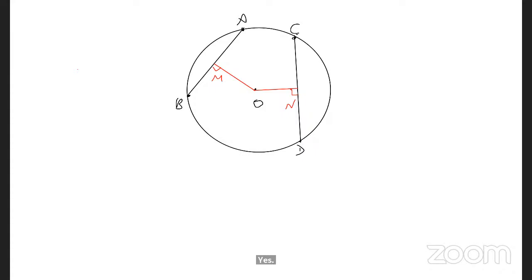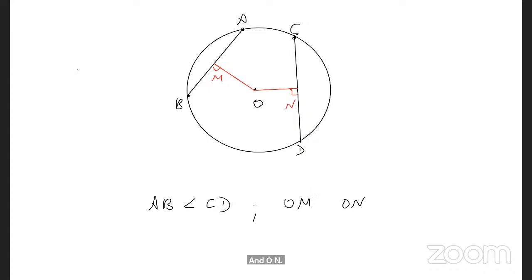Have you noticed that if I have AB and CD, which one is greater in your measurement? CD. CD is greater. And if you are measuring the perpendiculars OM and ON, which one is greater?